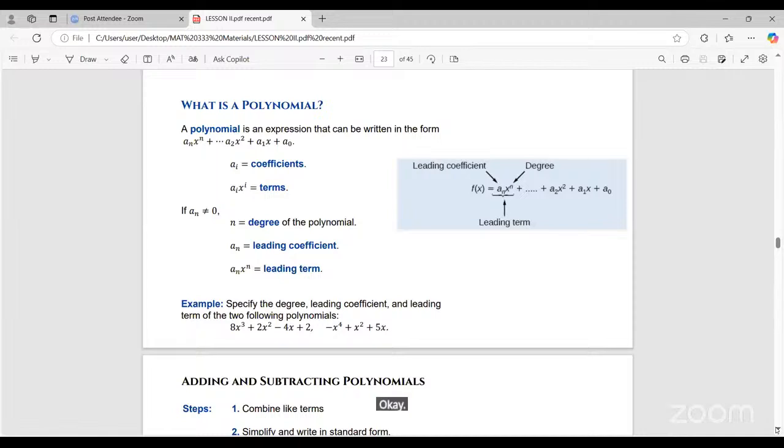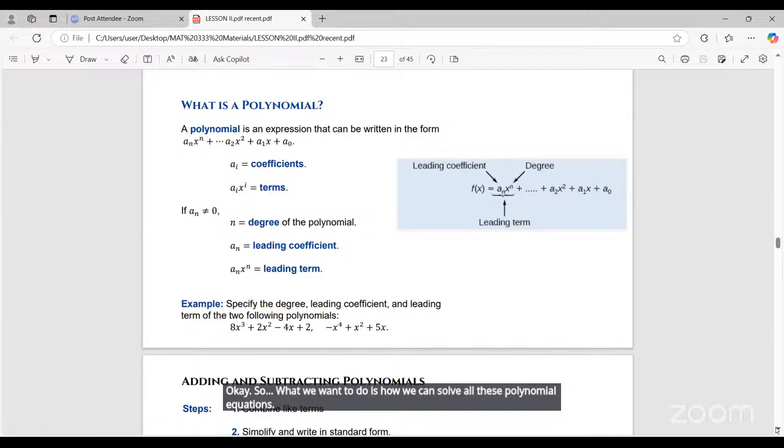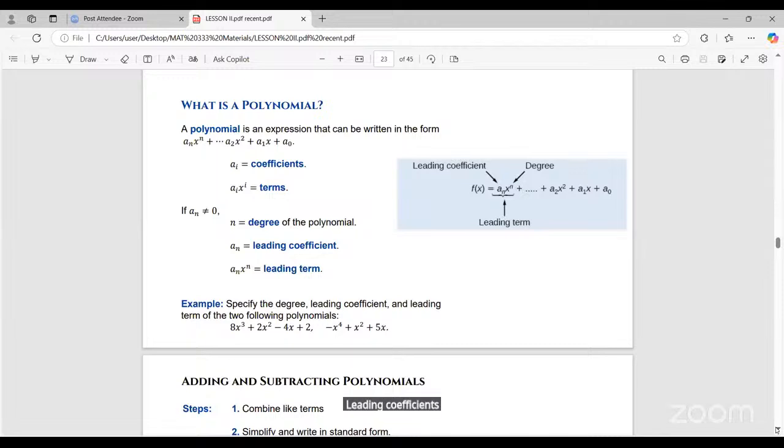So what we want to do is learn how we can solve all these polynomial equations, because they make use of real numbers too. Specify the degree, leading coefficient, and leading term of the two following polynomials.